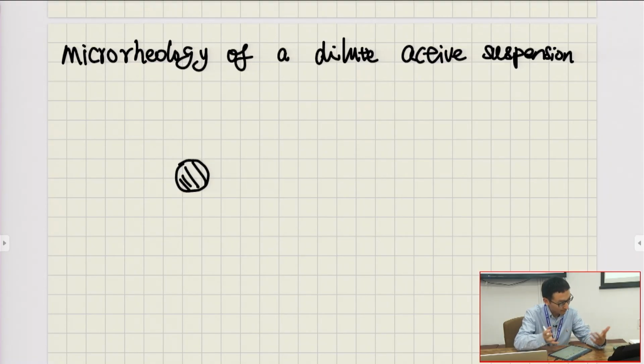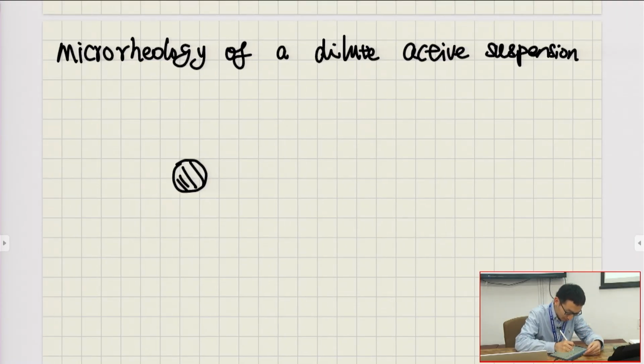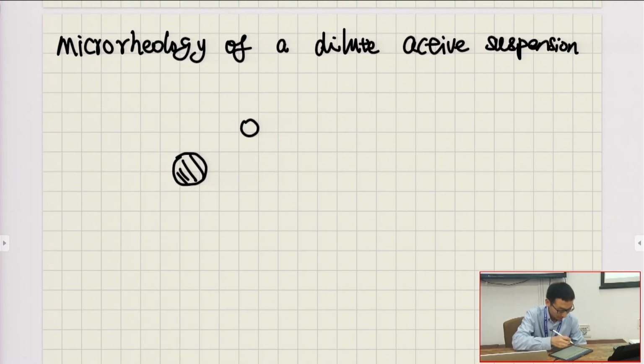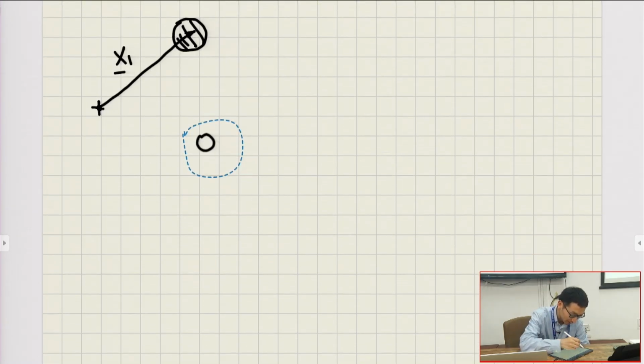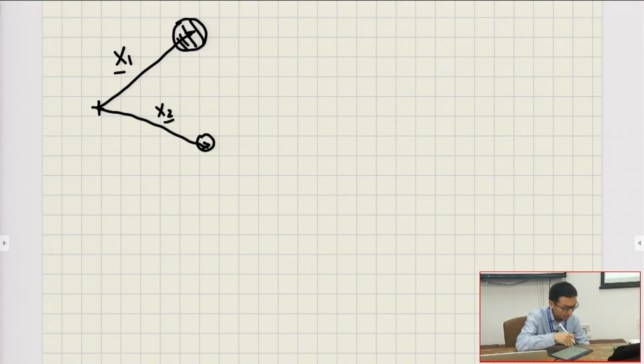And we can represent the suspension with only a representative particle in the system, so we can only look at the pair interaction that's happening in the system. So if we define our coordinates, we have the position of the tracer, x1, and the position of the bath particle, x2. If the particle is also active, we need to associate the orientation or swimming direction to it, say q. Okay, so that's our configuration of the system.